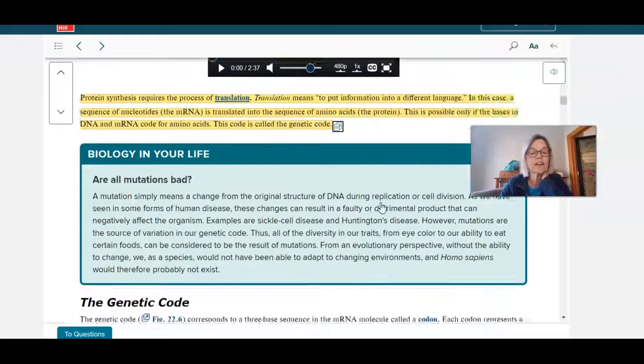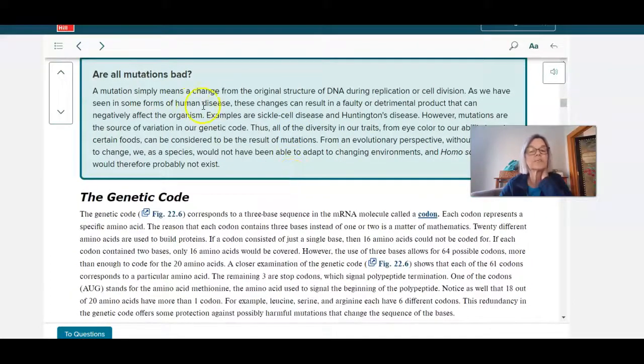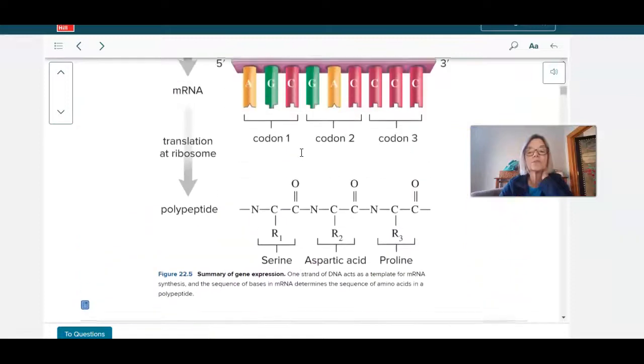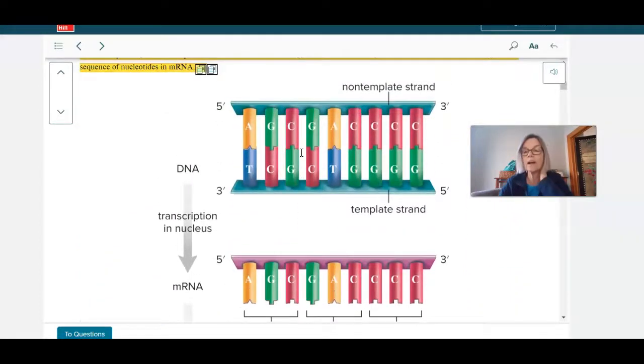Now here it's talking about mutations. Mutations means a change in the structure of DNA. And it turns out that not all mutations are bad. I think people automatically say, oh, your DNA changed, you've got a mutation, so that's going to be a bad thing. You're going to get a disease. Because we hear a lot about that. And it's true, there are a lot of diseases that result from mutations.